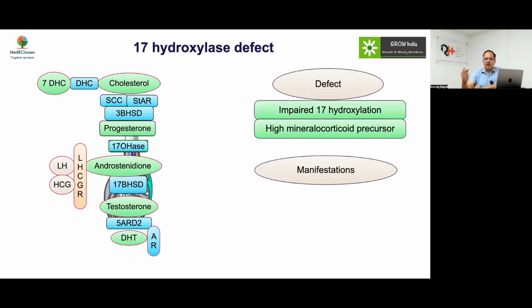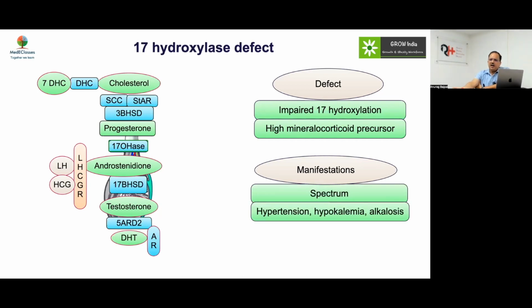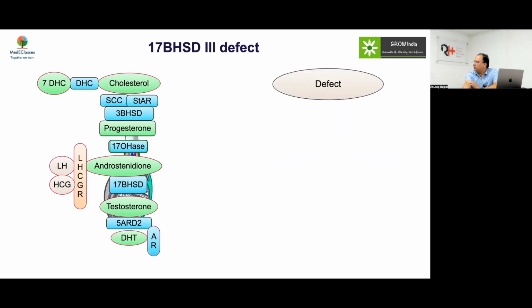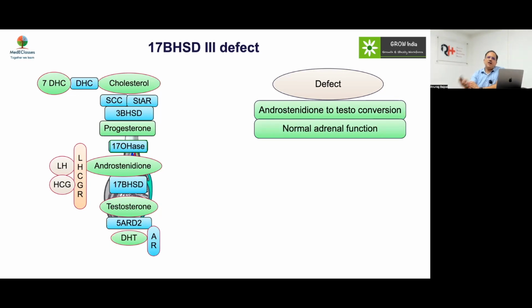So you will have problems in terms of 17-hydroxylation. The manifestations would again be hypertension, spontaneous or thiazide-induced hypokalemia, and alkalosis, and DOC and corticosterone levels will be high. 17-beta-HSD3, basically again you will have everything normal.